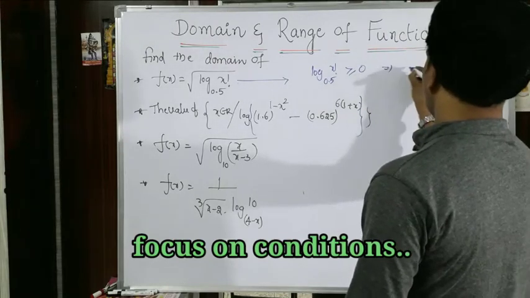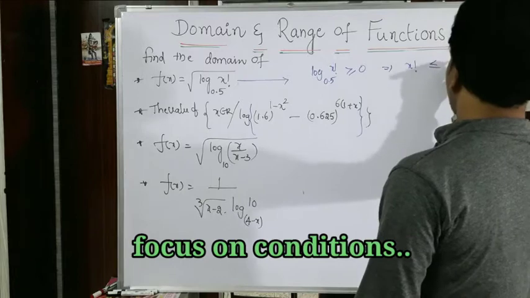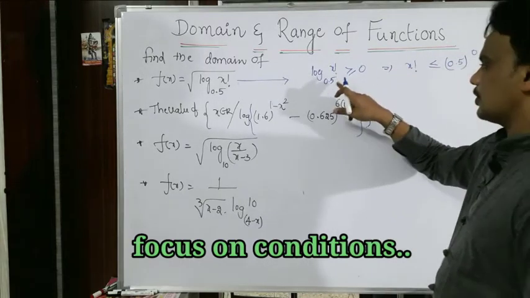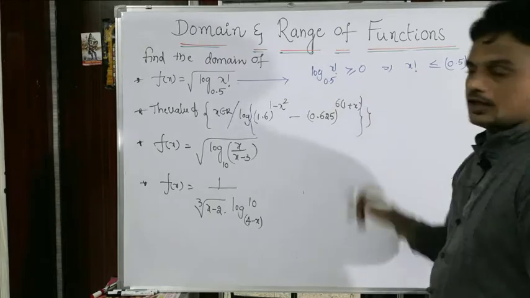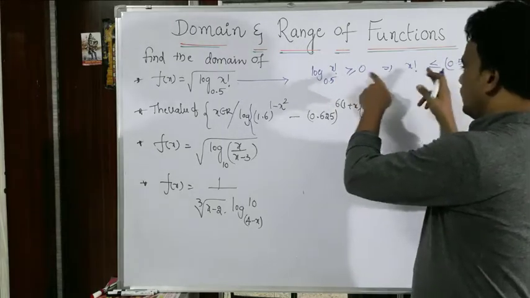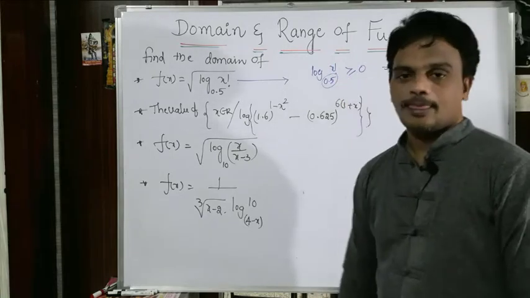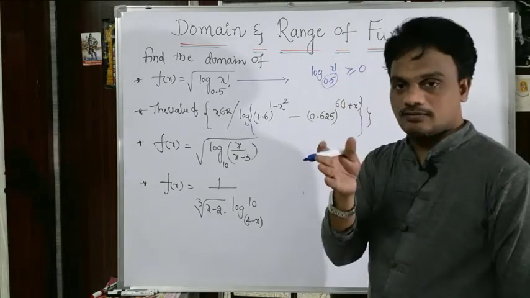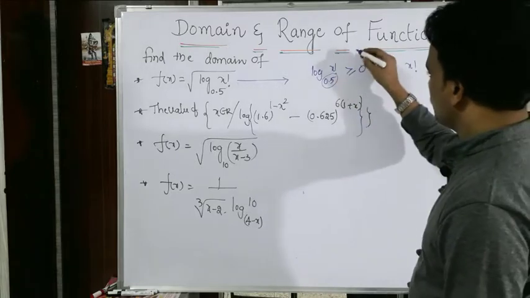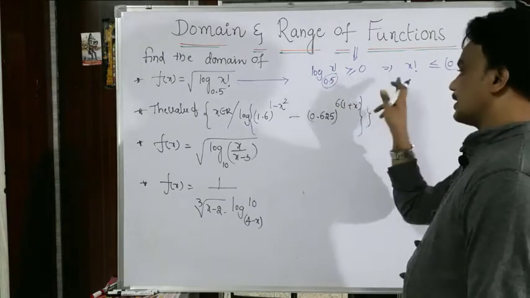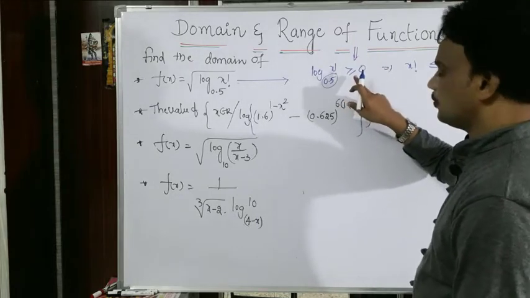Immediately you can write x factorial is less than or equal to 0.5 to the power 0. So the logarithmic function transforms into an exponential function, and here the inequality changes. Why is the inequality changed? Because the base 0.5 is less than 1, so this logarithm is a decreasing function. When the base is greater than 1, it is an increasing function and the inequality won't change.